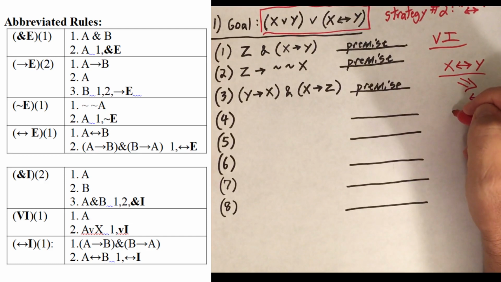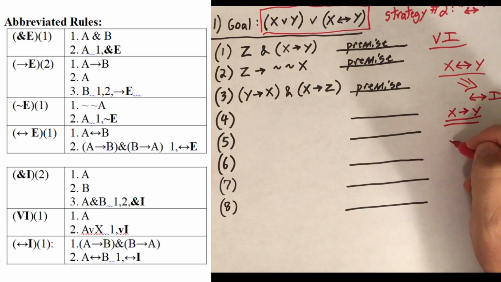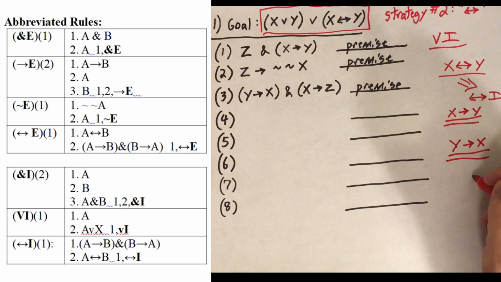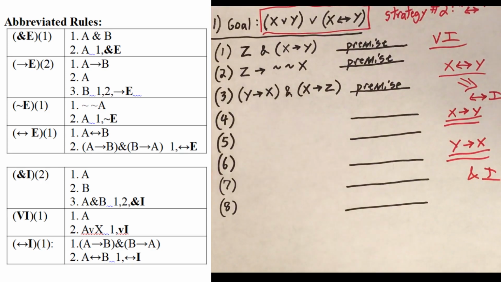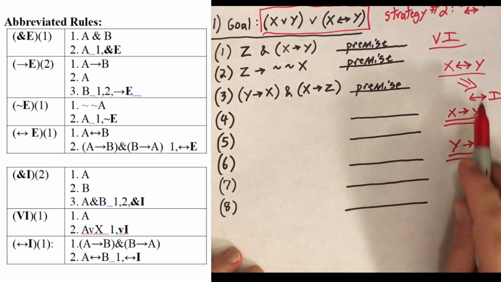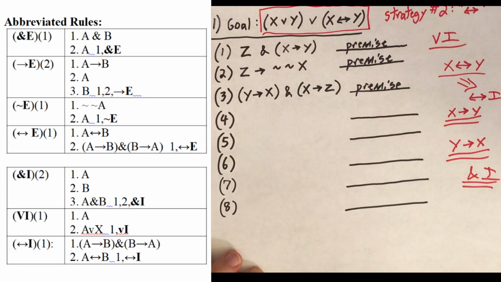So my sub goals are to get XY and to get YX, and then put them together with a new AND. Do you see it? So this is what I am trying to do now. I am trying to isolate these two conditionals, put them together with an AND to create my biconditional.